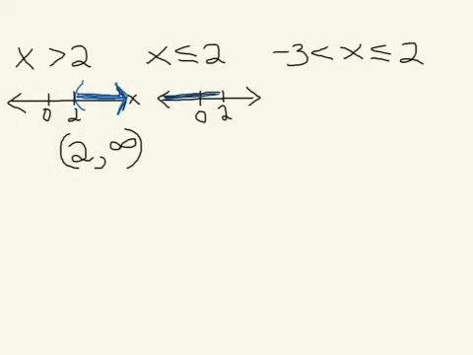Shade that section in, including the arrow to say to infinity, actually negative infinity. And then at 2, we want to include it this time because it says or equals to 2. So that means that the symbol we're going to use is a bracket. Brackets always go with less than or equal to and greater than or equal to. And they face towards the shaded region. So this time it's facing left.